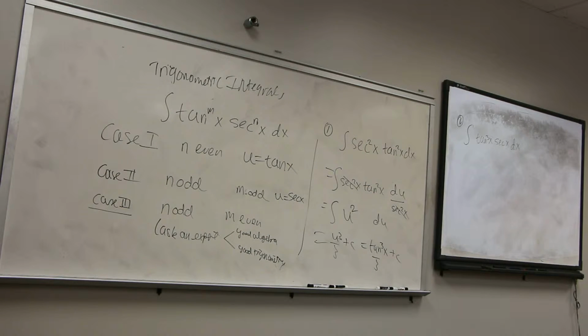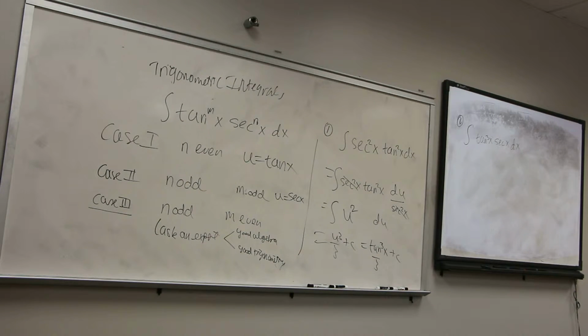Because you can't just get rid of this. What was the first thing that you substituted? Secant x. It just doesn't disappear because you cancel it out. You can't cancel it out, it's a u.